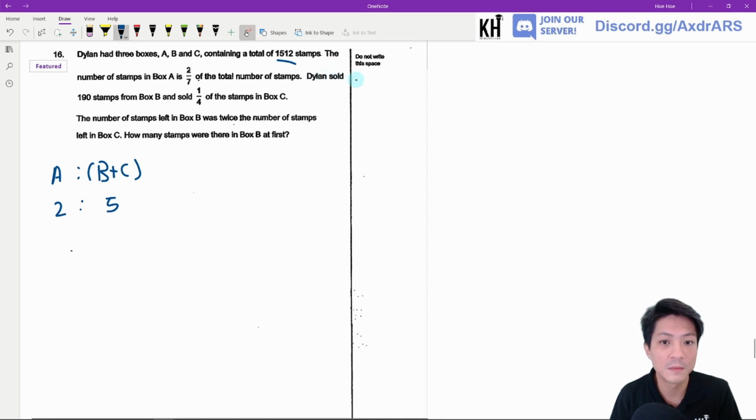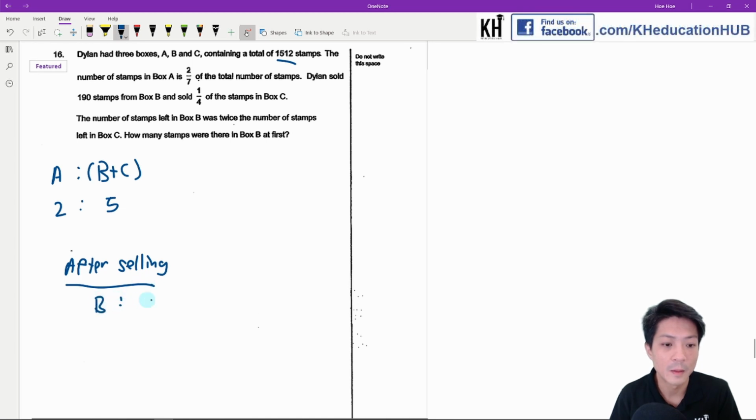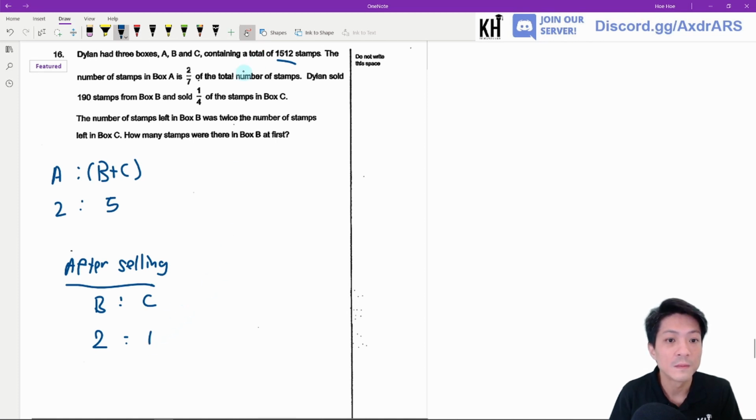Dylan sold 190 stamps from B and sold 1/4 of the stamps from C. So after selling, B is to C would be, the number of stamps left in B was twice the number of stamps left in C, 2:1.